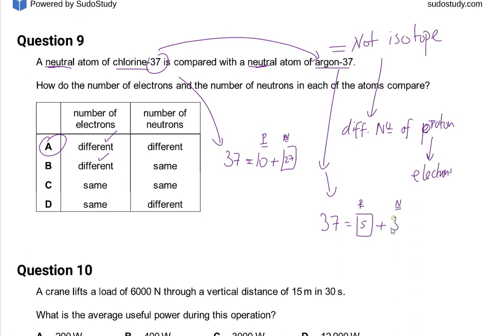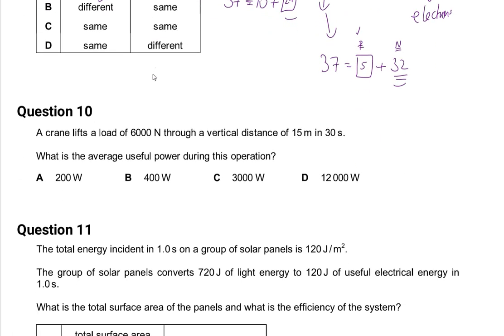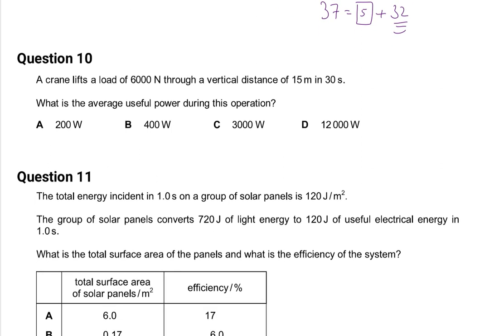It needs to have 32 in this case. So if they have a different number of protons, they're going to have a different number of neutrons. So the answer is going to be A in this particular case. Again, use logic. Logic is going to save your life if you're not sure what to do.